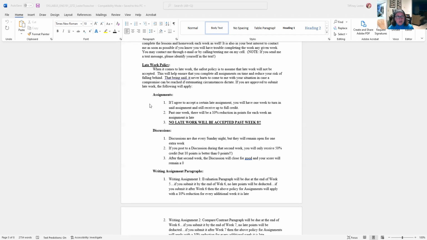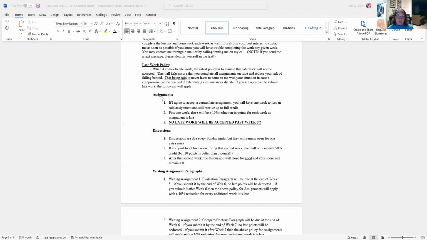If you're having to choose between assignments for this class, what you can get turned in on time, get the discussions done on time, because the penalty for late work on the other assignments is not nearly as harsh. You've got to be a little smart about it, if you do have to pick and choose, choose wisely.